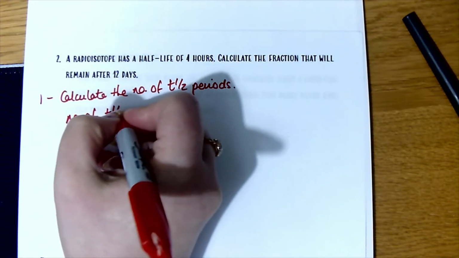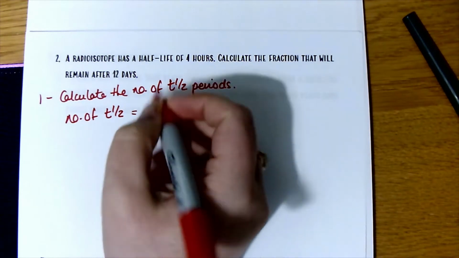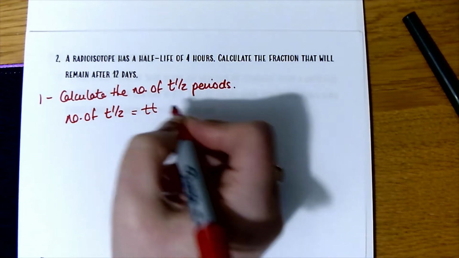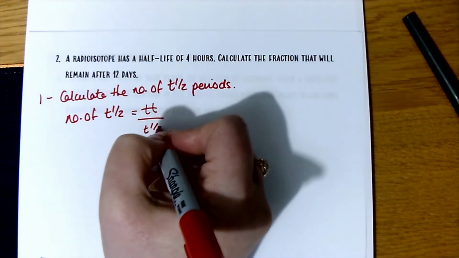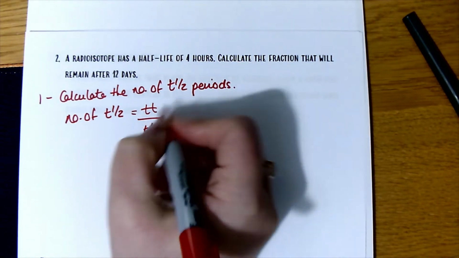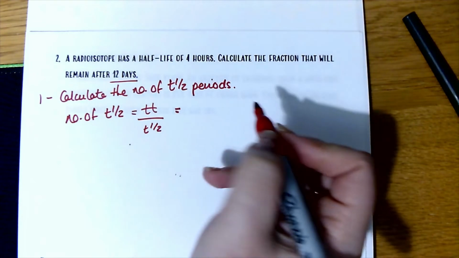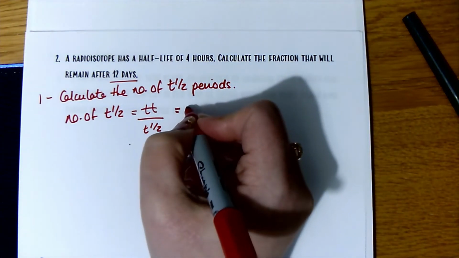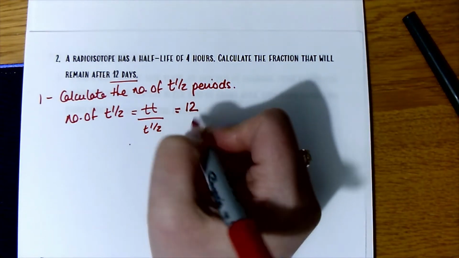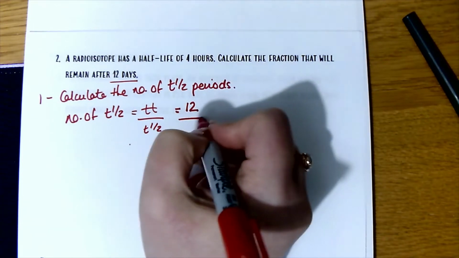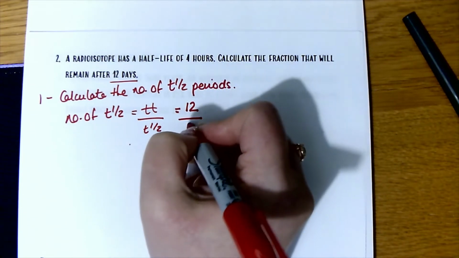Okay, so from our triangle, number of T a half is your total time divided by the half-life. From the question we can see our total time is 12 and our half-life is 4.